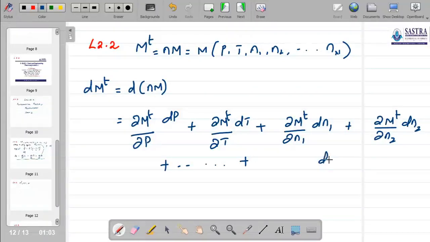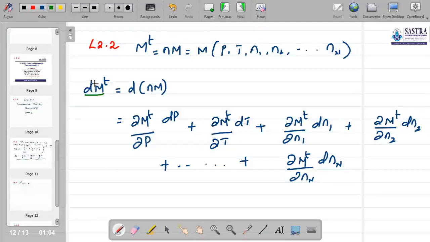So, in general we can write d of Nn, and this is ∂M_t divided by ∂N_n, right. So, this is a functional representation of the change in the system property.